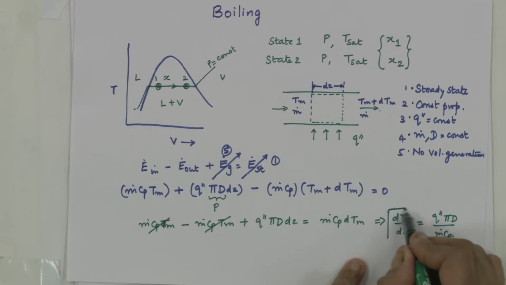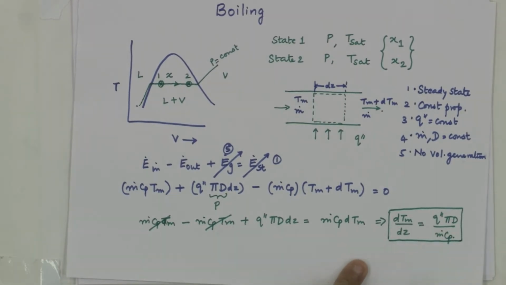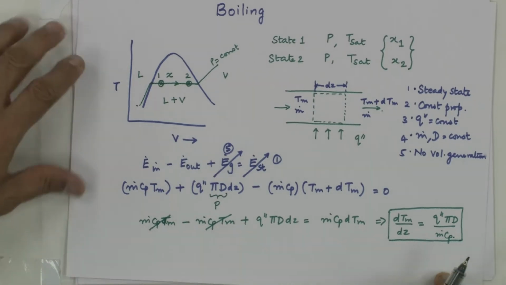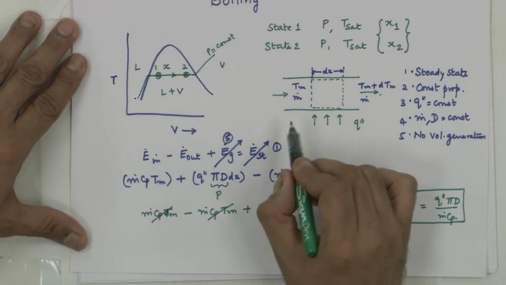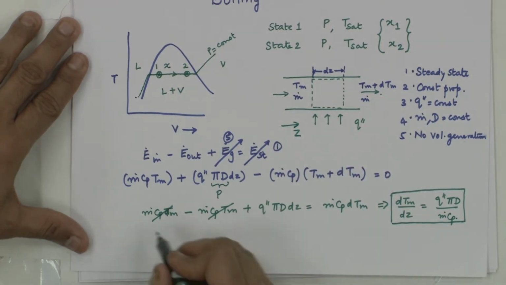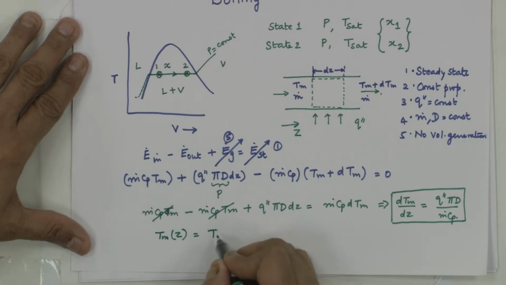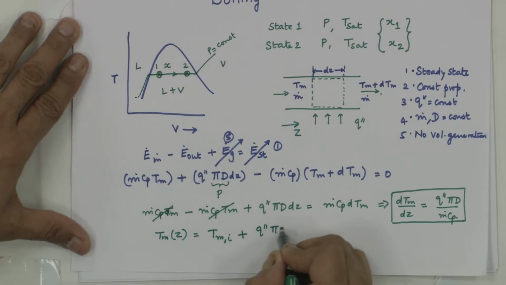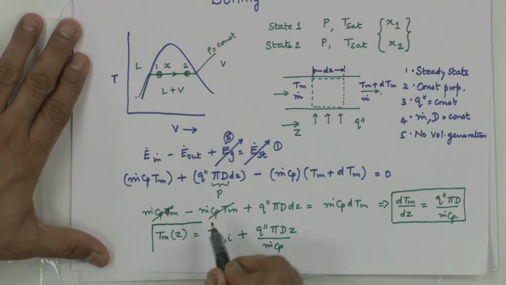So, this is a simple first order ordinary differential equation which tells me how temperature is going to vary along the length of the pipe or along the flow direction. This is my z direction, flow direction, and if I integrate this, I can get the temperature at any z is going to be temperature at inlet plus q double prime pi d z by m dot Cp. It is a very simple but powerful equation which can be used.